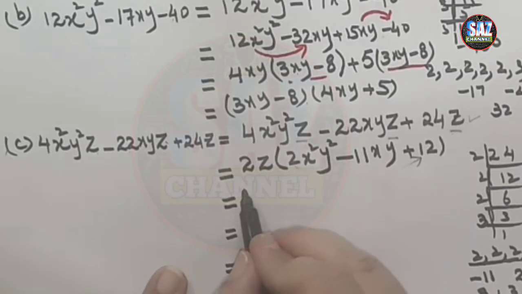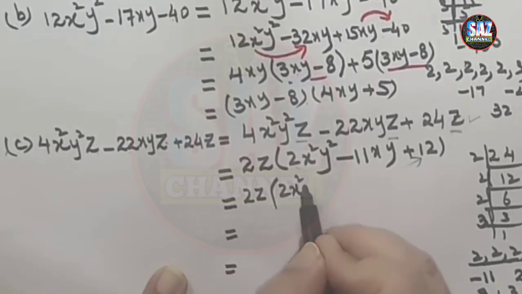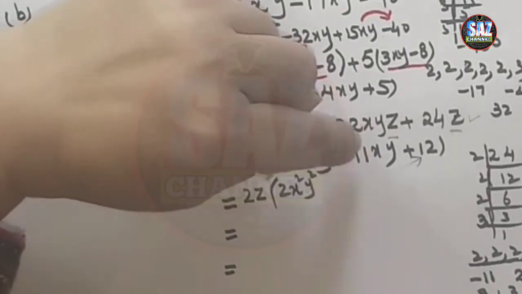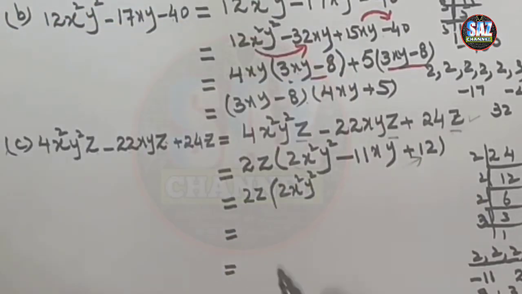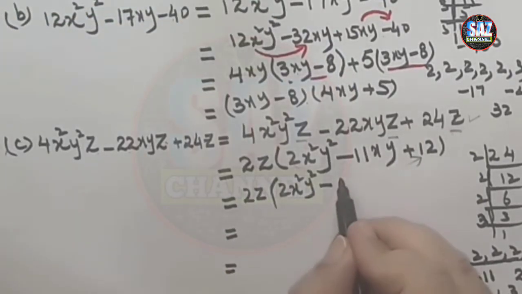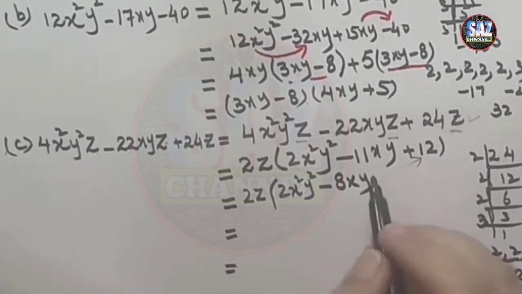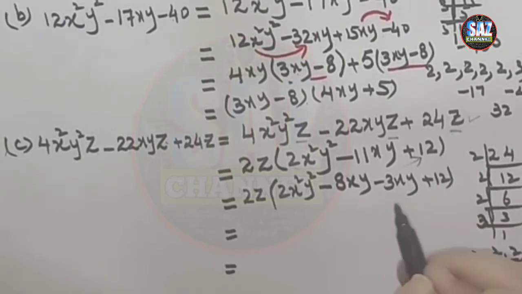Coming to the question, 2z, 2x square y square. Now look, xy, that is the middle term, has the negative sign but the product is positive. So the breakup will have both signs negative: 8xy minus 3xy plus 12.